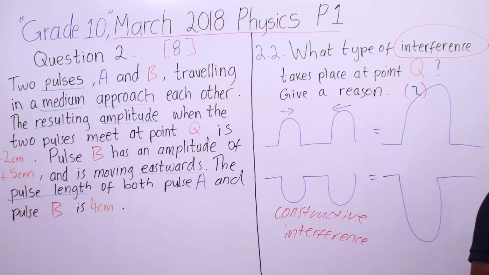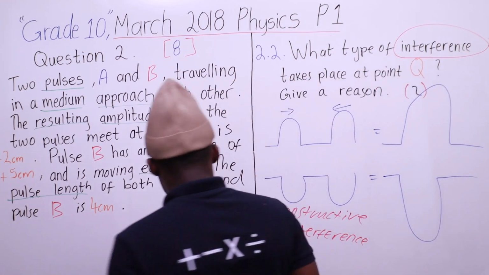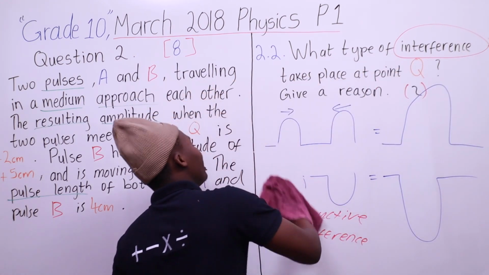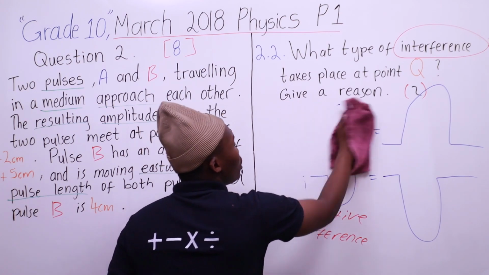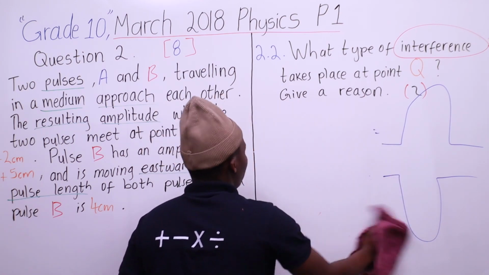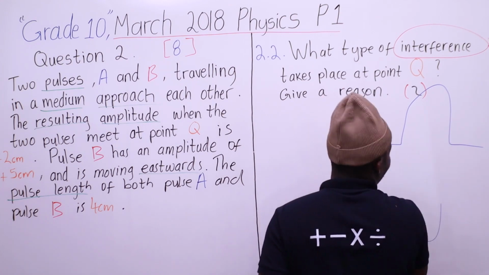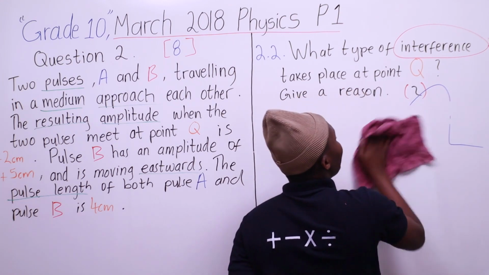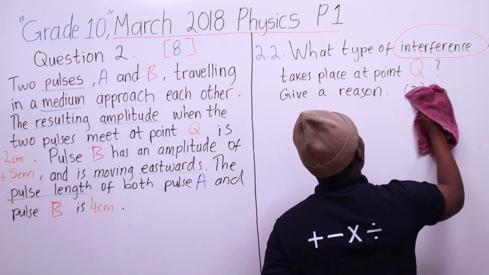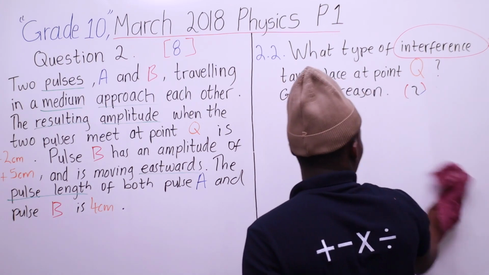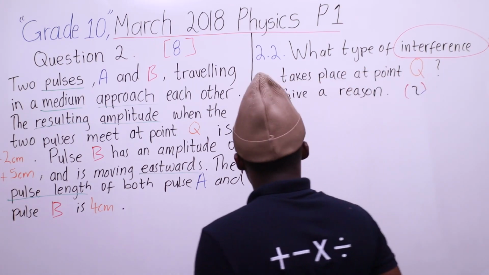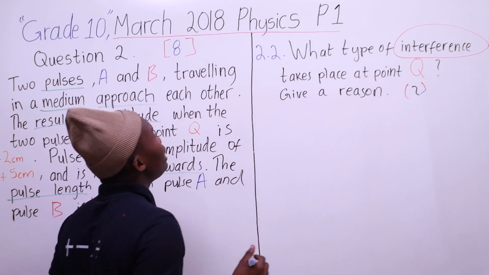It is called destructive interference. So the diagram is just to show you a quick reminder. For 2 marks you may not need to use this much, but I am explaining.